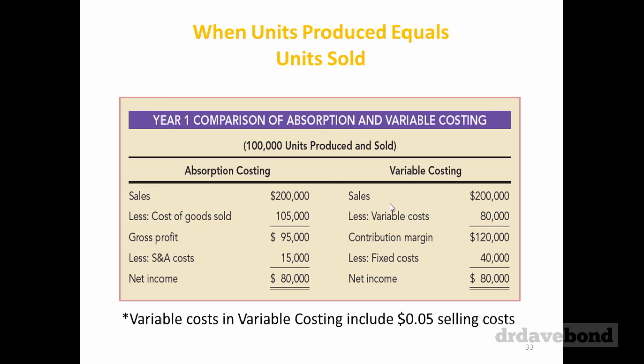Now, I'll be interested to see if someone picks up on this. How much does each unit that we sell contribute to paying off our fixed cost? 1.2. Yeah, Carla's got it right. It's $1.20. Every unit that we sell contributes $1.20 to paying off our fixed cost.